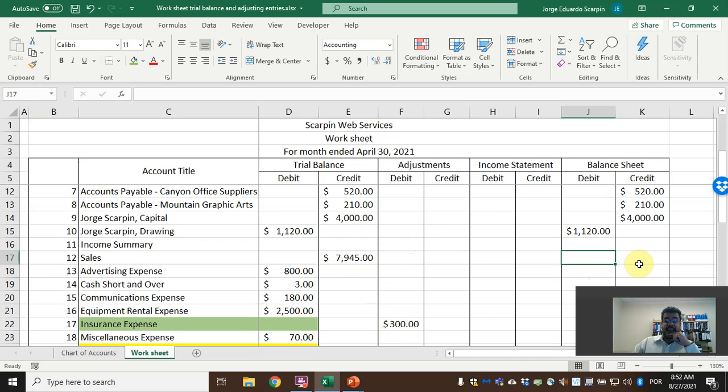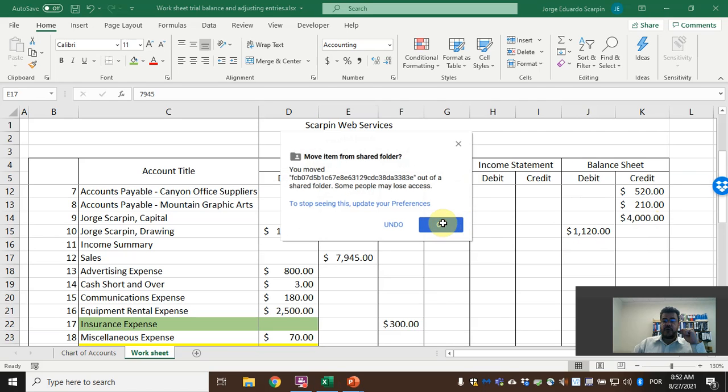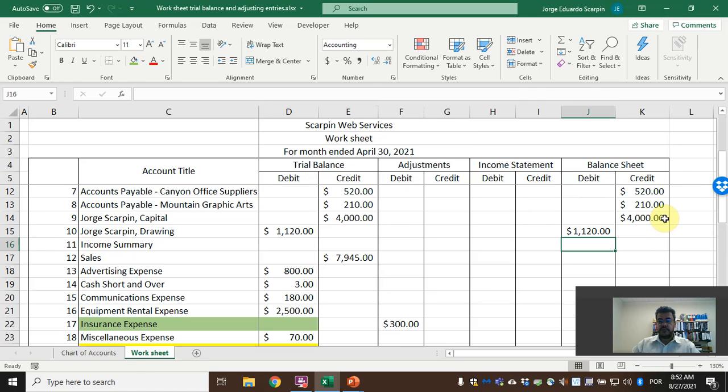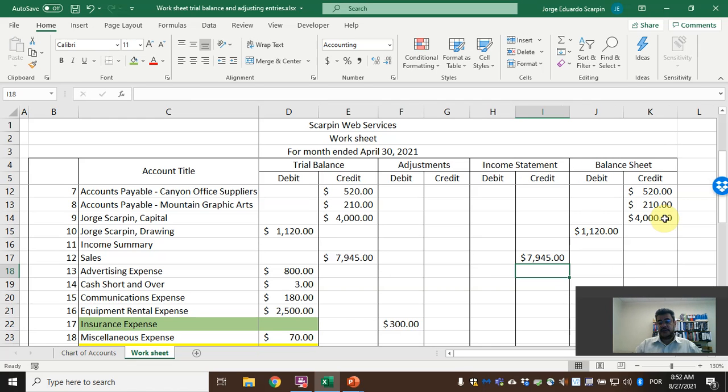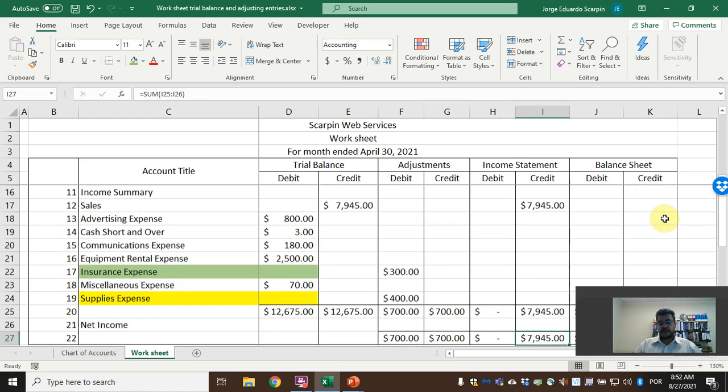So, sales is a credit account. So, we can copy and paste a credit formula. Oh, it will not work because it is the income statement here. So, let's do the formulas. Equal credit plus adjustment on credit less adjustment on debits. Good.